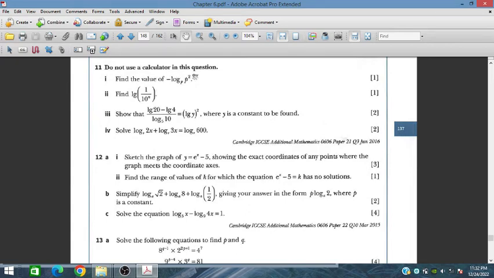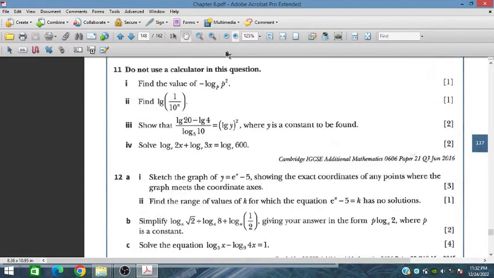Do not use calculator in this question. Find the value of minus log p square. Find log 1 over 10 power n, and show that log 20 minus log 4 divided by log 510 is equal to log y square, where y is the constant to be found.